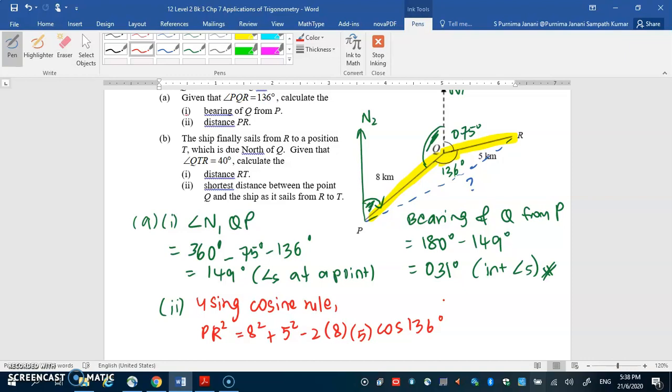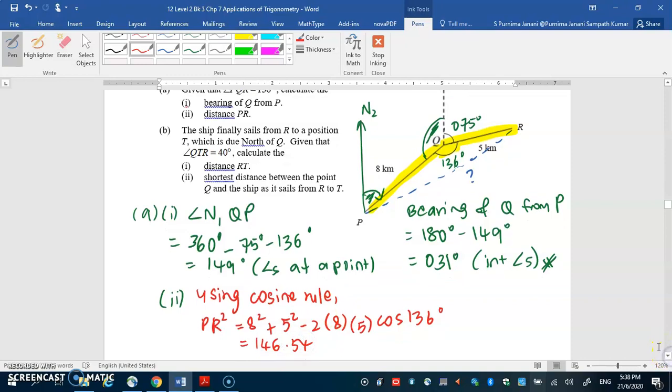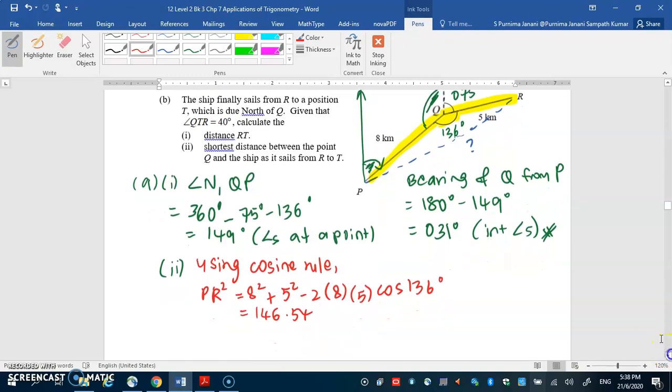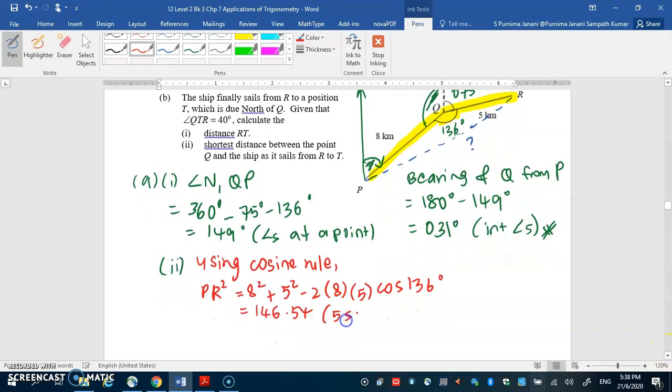You will get 146.54 dot dot dot to 5 SF, and then you are going to take square root to find PR.